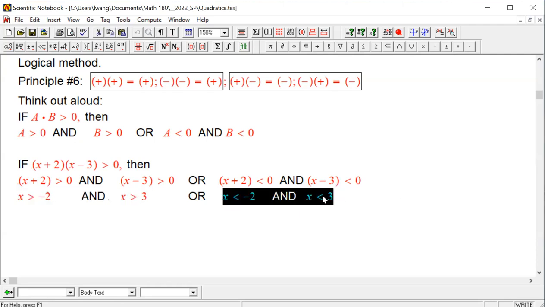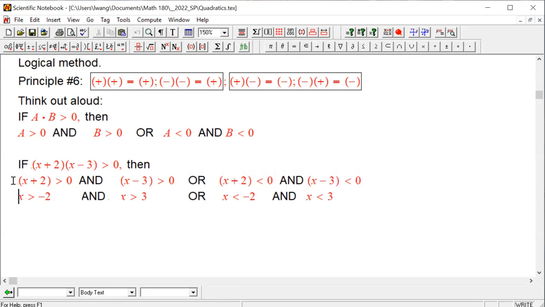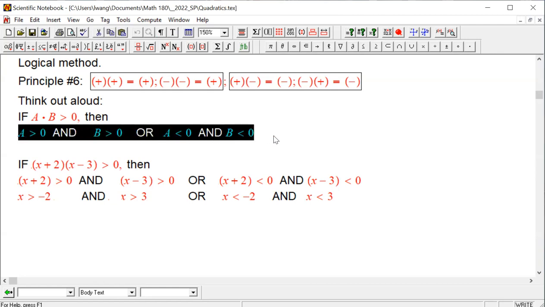In terms of how to write it correctly, the way I show it on the screen is the right way to write it. Don't write them separately, and don't put "or" beneath it. When we read it, this has to be a coherent sentence: if this is positive, then A is greater than 0 and B is greater than 0, or A is less than 0 and B is less than 0. They have to be put on the same line, so at least you read them in one breath.